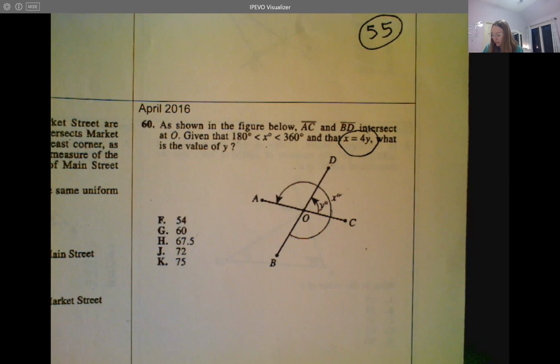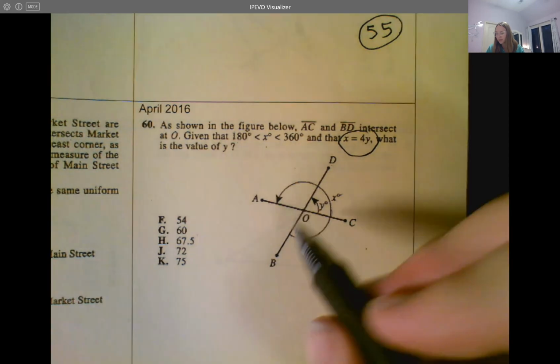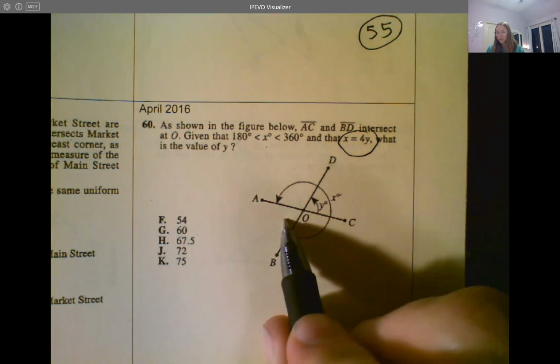Does anyone have any idea what to do here? The picture is creating a lot of problems. If something else was asked, like how much is this angle right here? Does anyone know what this is?